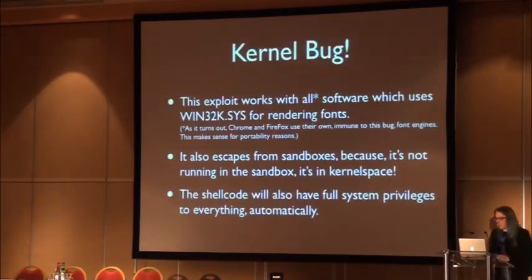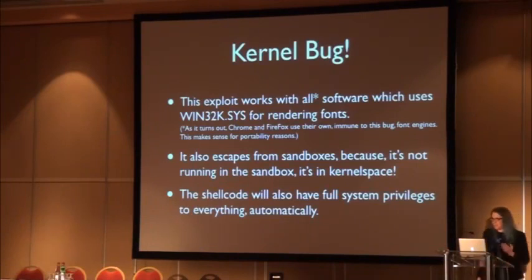So there's this kernel bug. Oh, did I mention? Yeah, it's a kernel bug. It's in the font rendering engine in the kernel, and since it's in the kernel, anything that uses fonts on Windows is vulnerable. So Internet Explorer, Office, it turns out actually Chrome and Firefox have their own engines, so they're not.